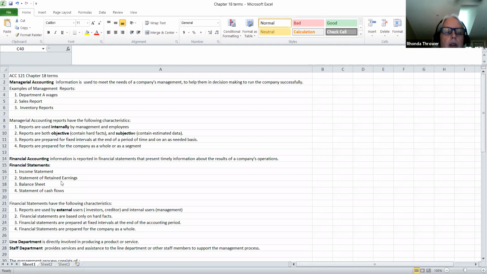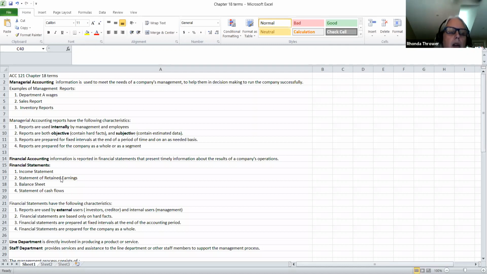A statement of retained earnings is similar in that we're going to keep track of retained earnings in a corporate form of business, and we're going to add to it any net income and subtract out any dividends to determine the ending amount of the retained earnings. Don't worry too much about preparing the statement of retained earnings. We'll get to that either in a later course or we'll talk more about it at some other time.